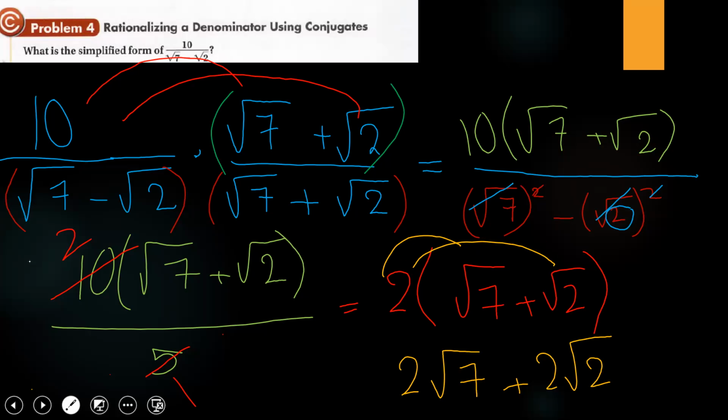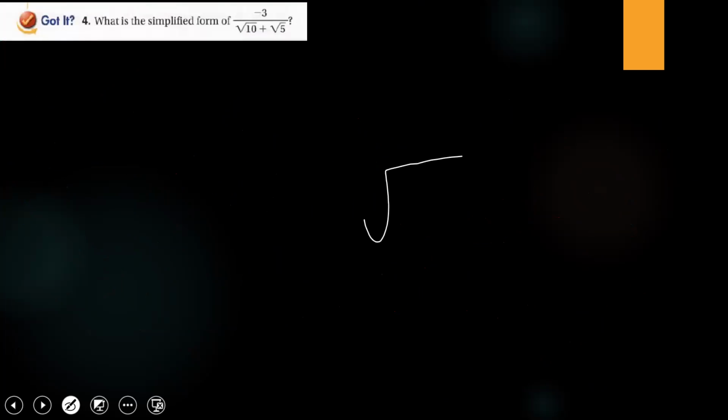Yes, teacher. Teacher, I have a question. Yes, Farah. Teacher, if I have like 81 over 16, a square root, how can I simplify it? Is it related to this example or another example? You mean like this only?